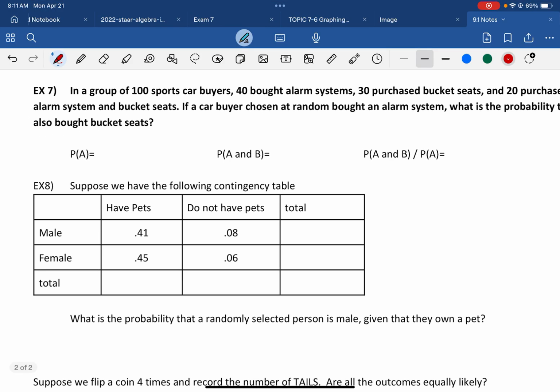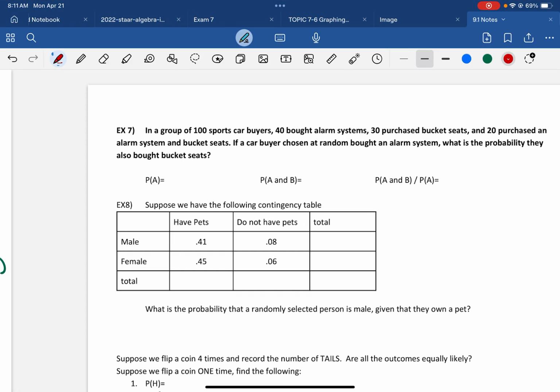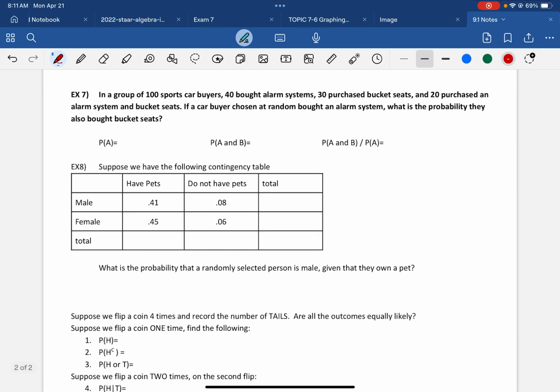Okay, example 7. All right, so we can get into some slightly different types of probability here. It says in a group of 100 sports car buyers, 40 bought alarm systems, 30 purchased bucket seats, and 20 purchased an alarm system and bucket seats. If a car buyer chosen at random bought an alarm system, what is the probability they also bought bucket seats?